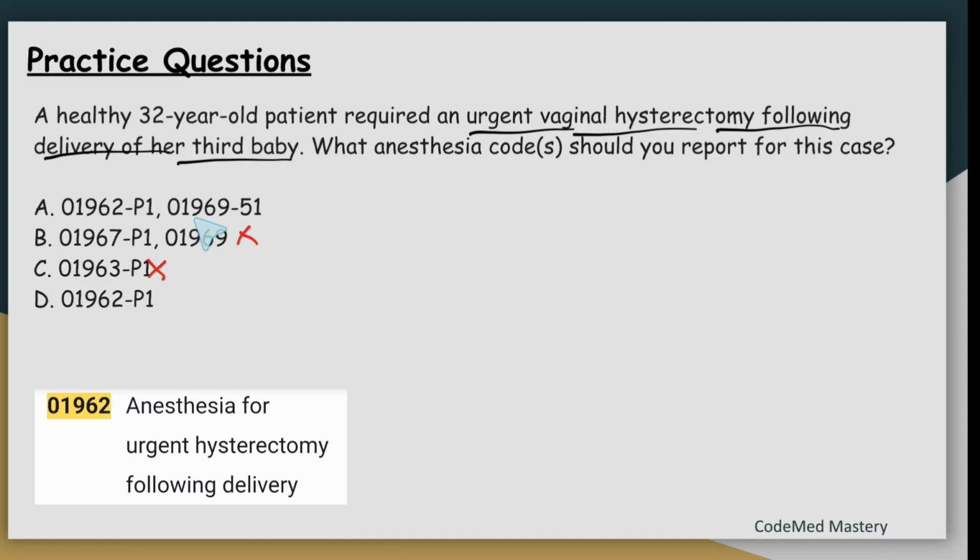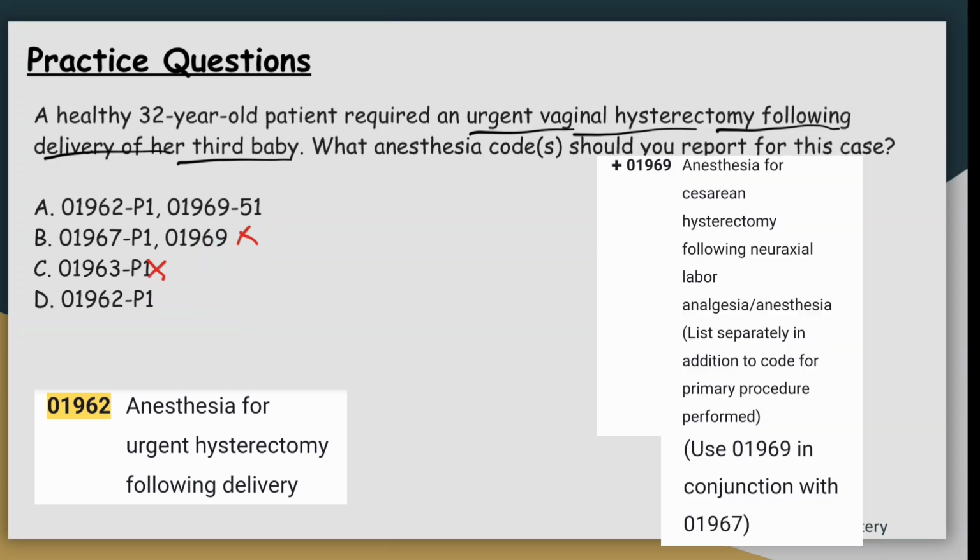In option A, they have mentioned the second code 01969, which is for anesthesia for cesarean hysterectomy following neuraxial labor analgesia or anesthesia. Below that, they have mentioned use 01969 in conjunction with 01967. So the code 01969 will be wrong if we use for this current scenario because they have not mentioned anesthesia for cesarean hysterectomy.